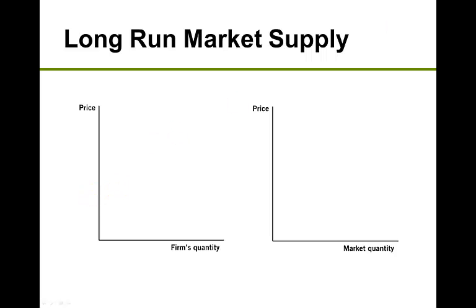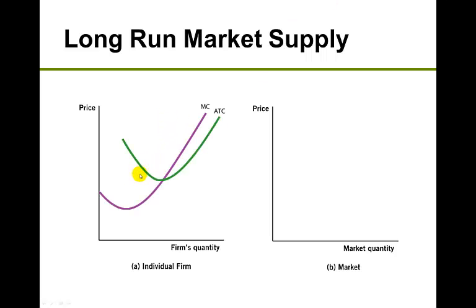Okay, so now we can really start to look at what's going to happen in the long run. So here's our average total cost, and here's our marginal cost. What we're going to see is that in the long run, prices are going to adjust in our market so that the price is just equal to the place where the ATC crosses the MC, where firms make zero profits.